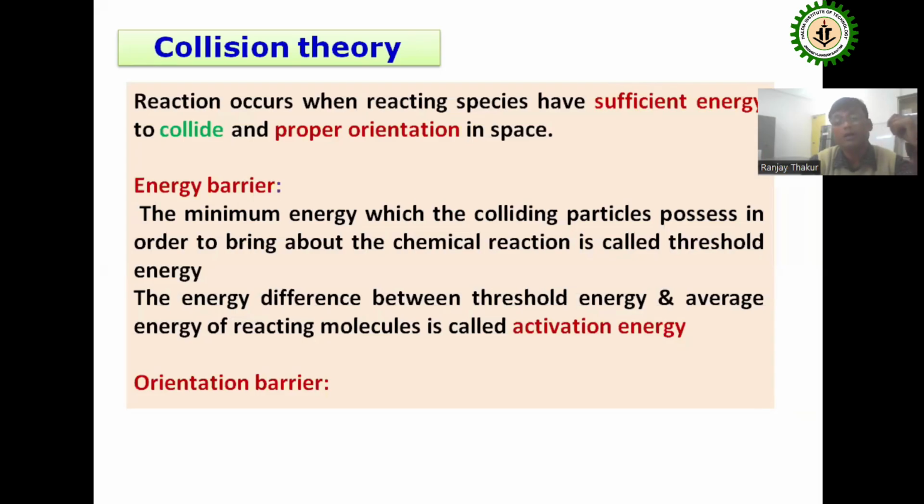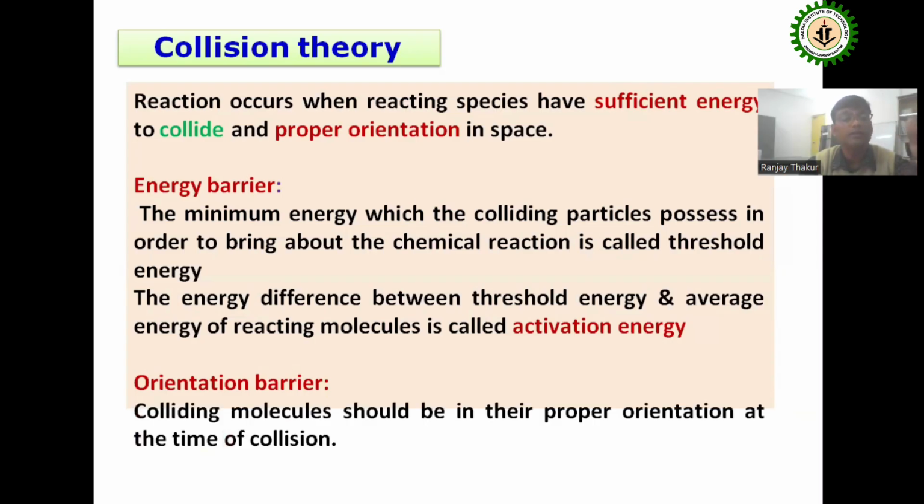And the second thing is proper orientation. Once they reach their proper orientation, then they are able to collide. If there is no orientation, then there is no collision. So that is called orientation barrier. One is energy barrier, another is orientation barrier. That is, colliding molecules should be in their proper orientation at the time of collision.